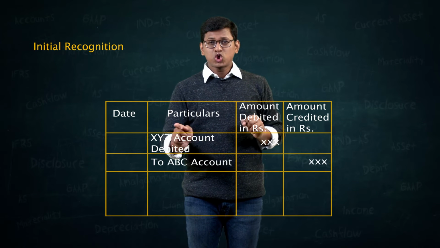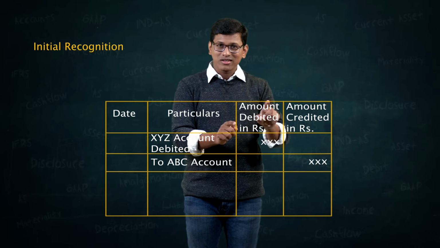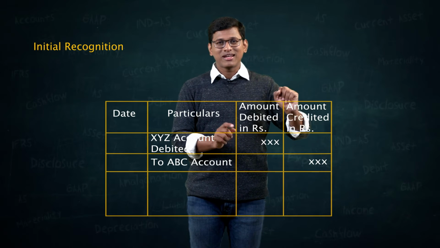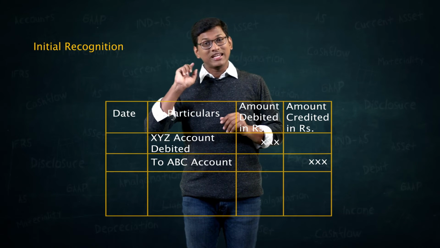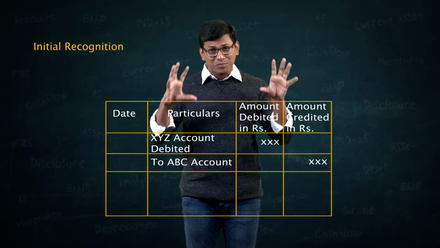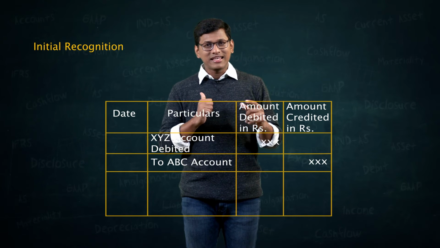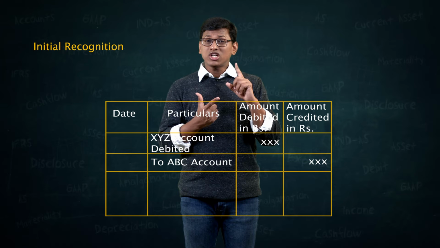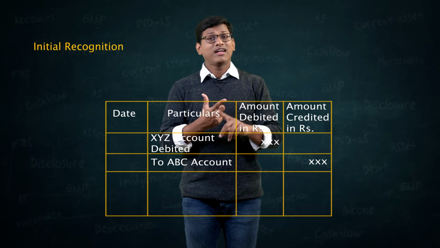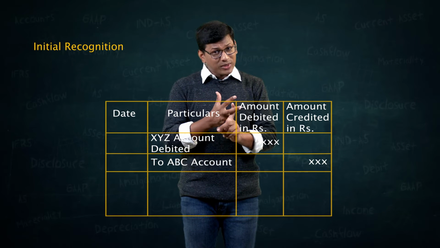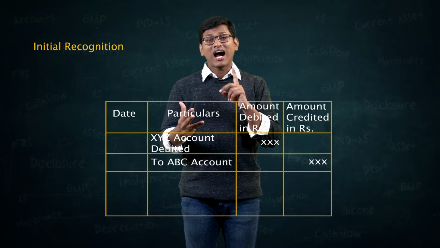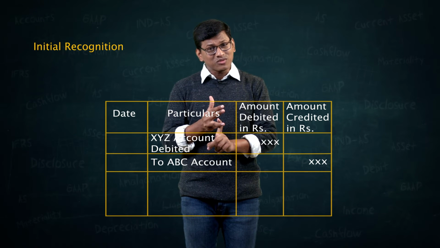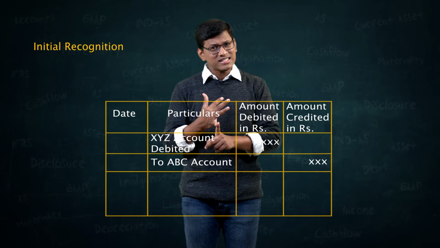Then to this account with this much amount. Like this, if you think of the elements in that particular journal entry, there is date, then there is account to which it is debited, value at which it is debited, then account which it is credited to, and the value at which it is credited.